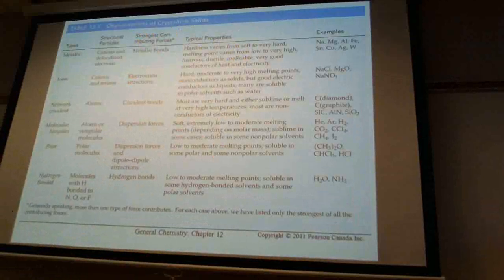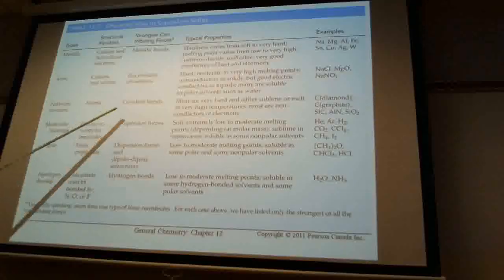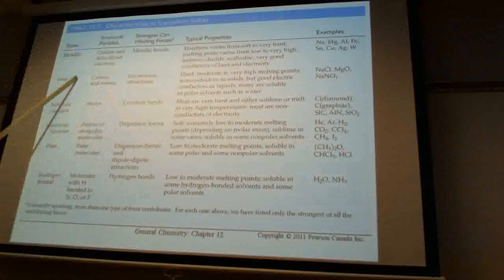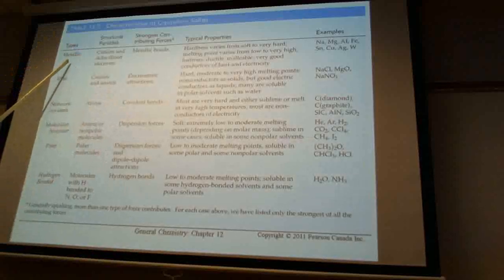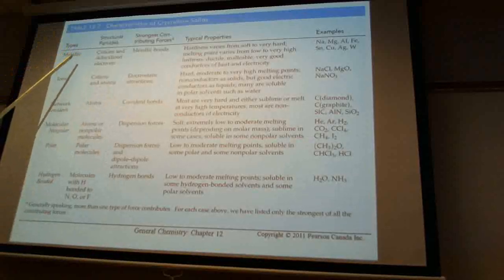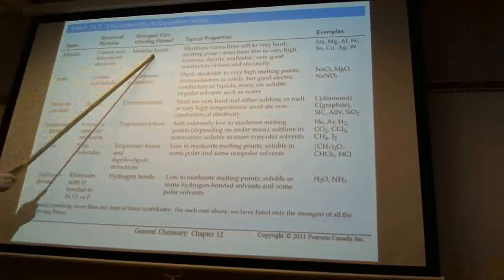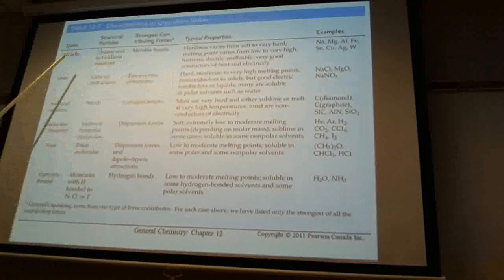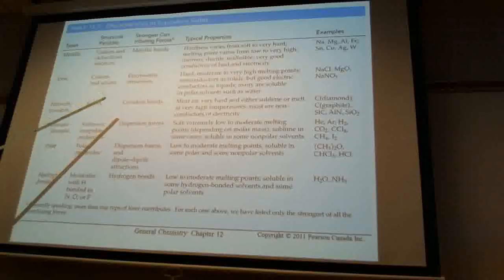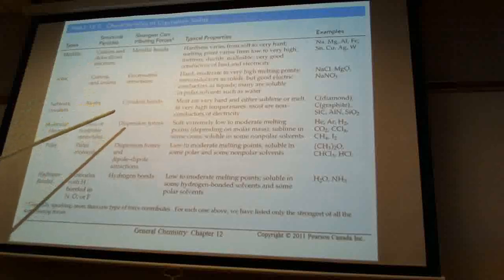All right, so some properties of these solids are going to depend on the strength of the forces holding the solid together. And so we have metallic solids with metallic bonds. Metallic bonds are not localized. Metallic bonds are delocalized, and therefore they're not very directional.